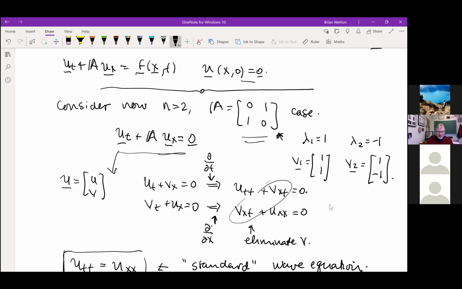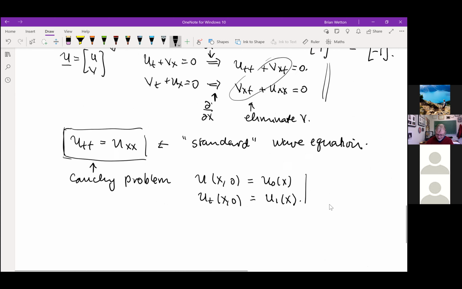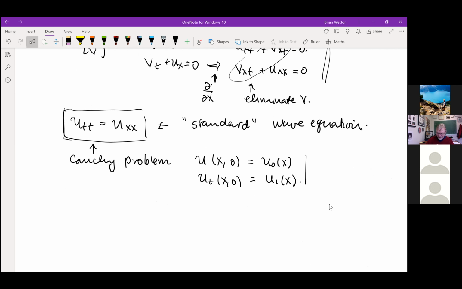If you want to understand why they're different, the initial data for this problem is really going to be u0, but the initial data for the v is really going to be an integral of u1, and you'll see that as we come up in the form of the solution.